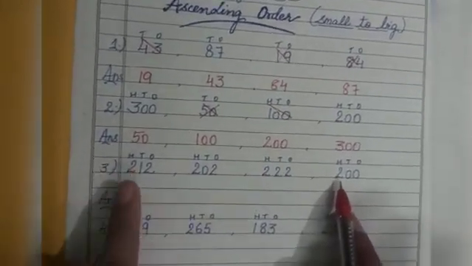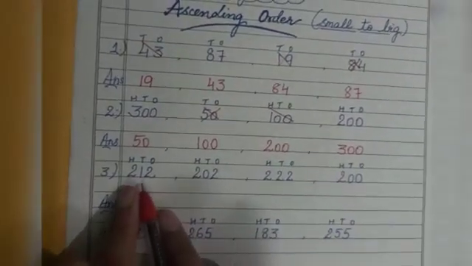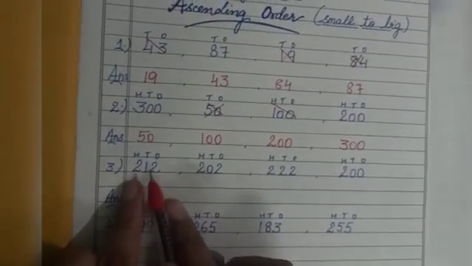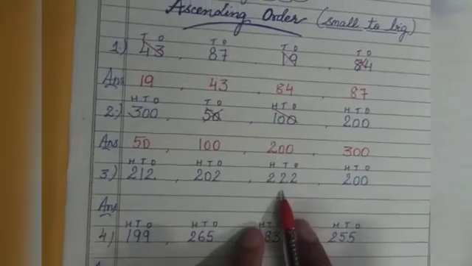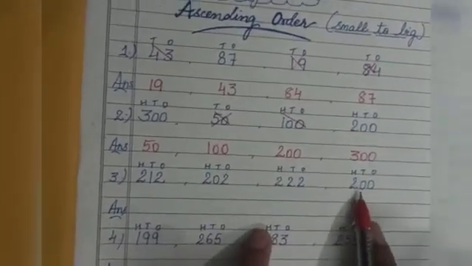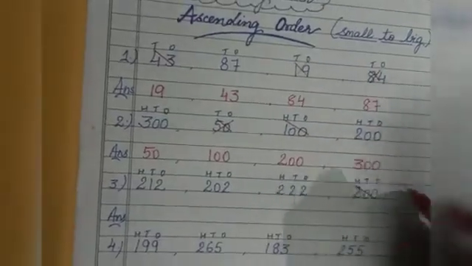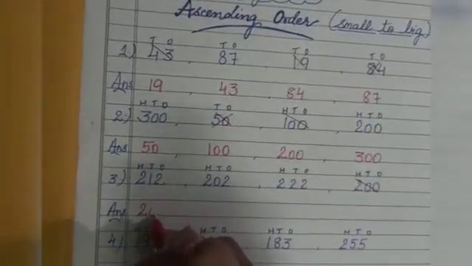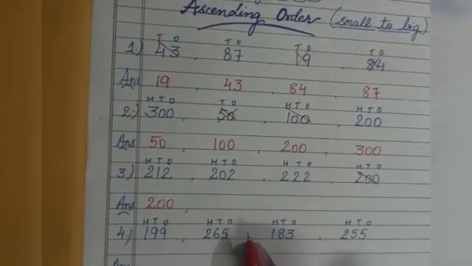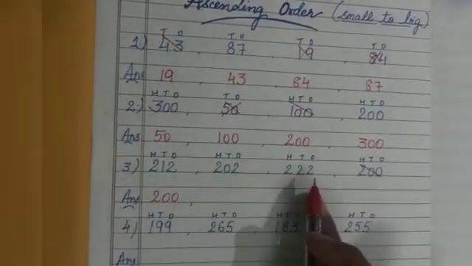So we will go to the tens place. When we come to the tens place, it's 1 over here, it's 0 over here, it's 2, and it's 0. So this one is a smaller one. We'll cut it and we'll write 200.